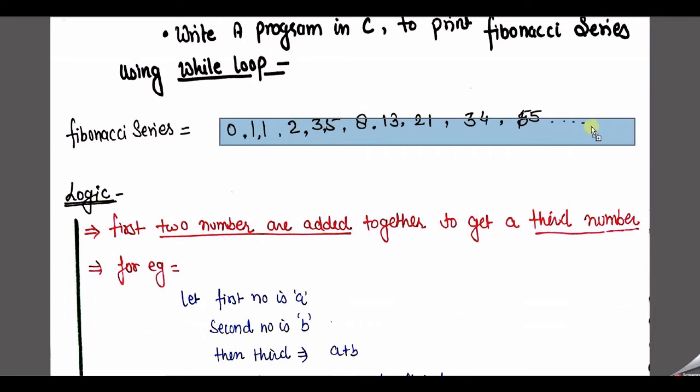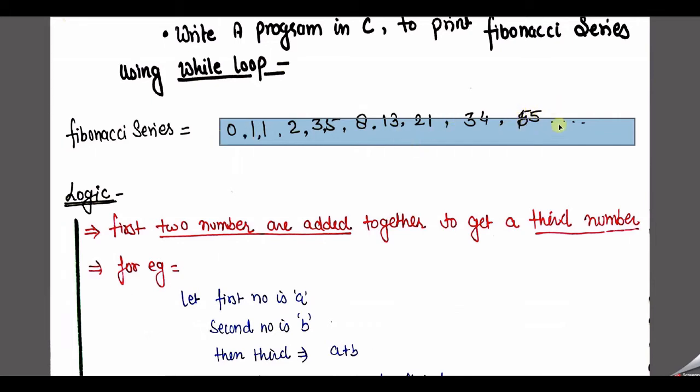There is no limit here because the series is terminated based on the user's choice only: either based on the number of terms the user wants to display, or based on a number up to which the series will be printed.